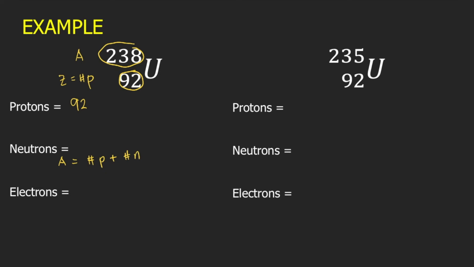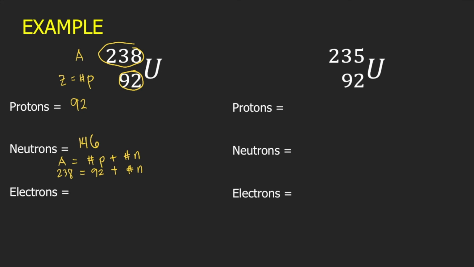So our mass number is 238, and your number of protons is 92 plus the number of neutrons. So therefore, how many neutrons are there? So that's 238 minus 92. And the answer is 146. There are 146 neutrons.